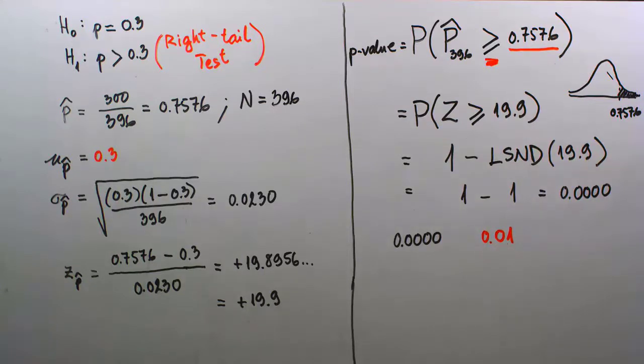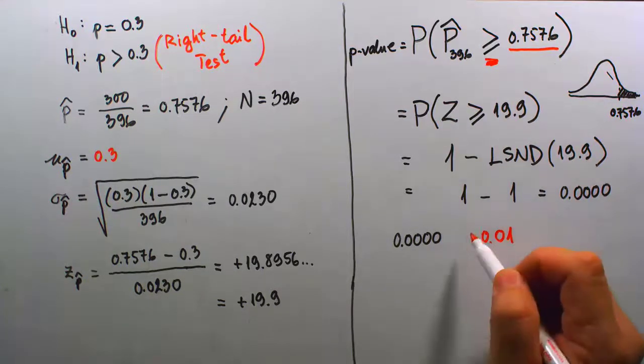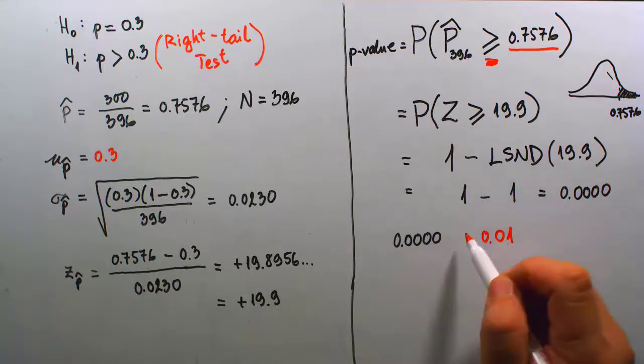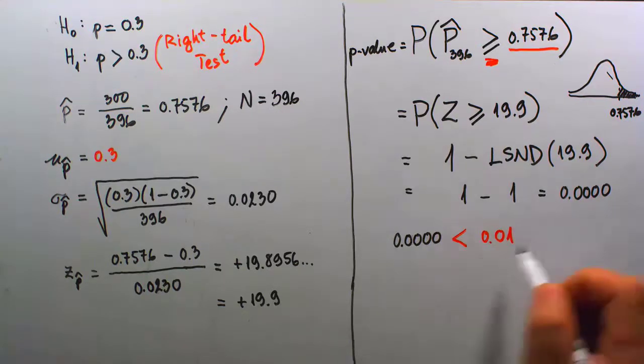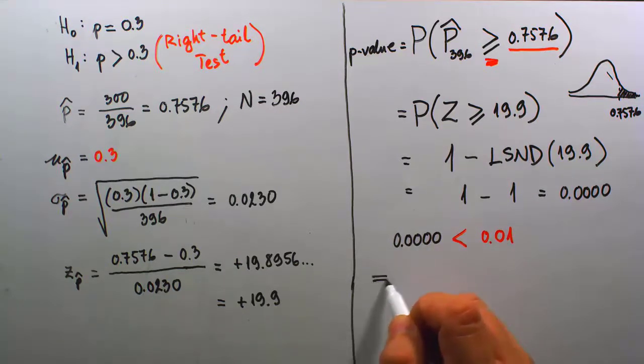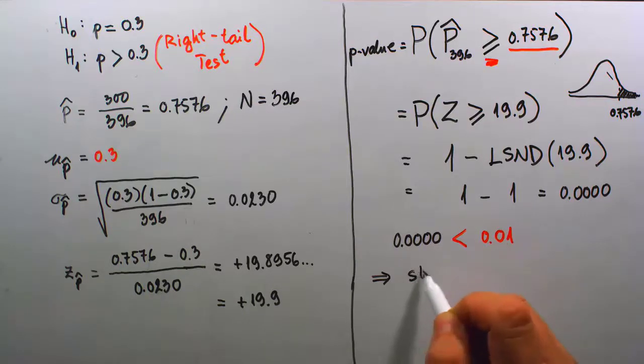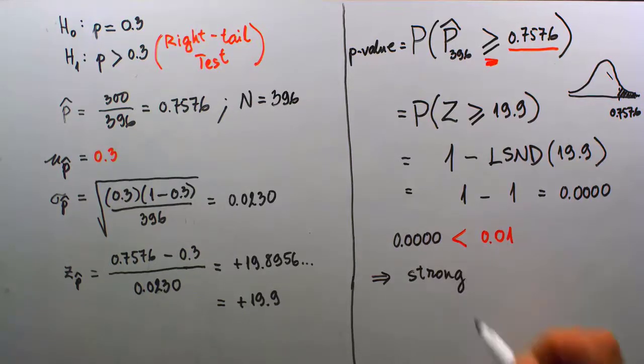Comparison clearly shows that our p-value is well below the significance level. And so now this is how we can make the decision about whether we're having strong evidence or not. So since our p-value is below the significance level, that means our sample is strong. This sample value that we collected, it is strong evidence.